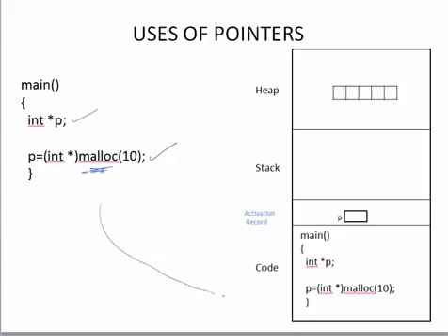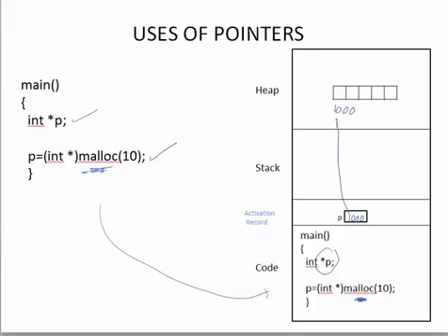Once the program is loaded in the main memory, the activation record is created, and it has only one variable, that is P, so the memory is allocated. Now when the program executes this malloc instruction, the memory is allocated in heap, and the address of that location, let us say the address of the very first byte is 1000, so that 1000 is stored in the pointer.